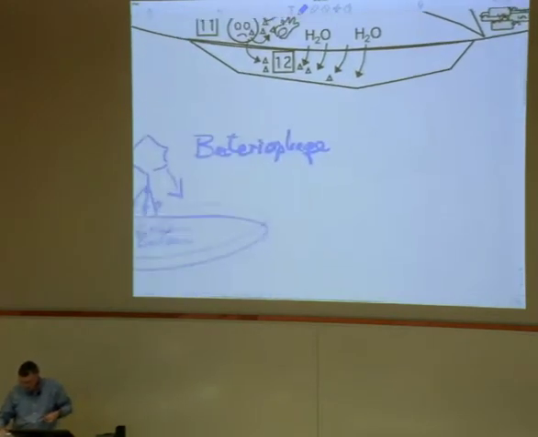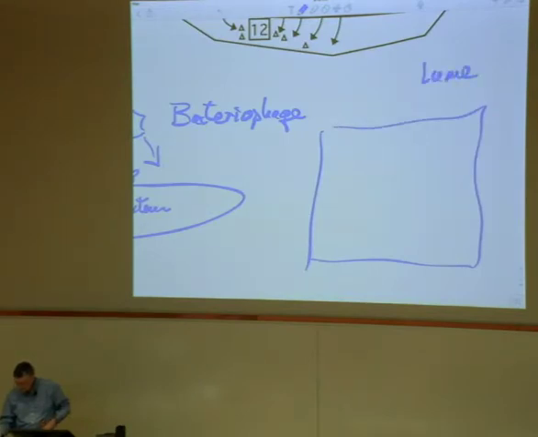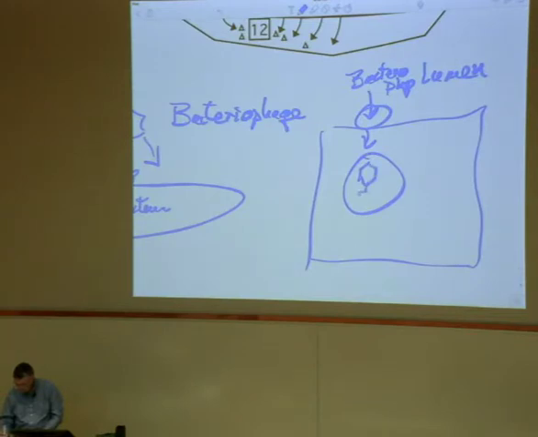The interesting thing, though, is that what people have discovered in a cell line, if here's the lumen, that bacteriophage get taken in, they get endocytosed into those intestinal cells.